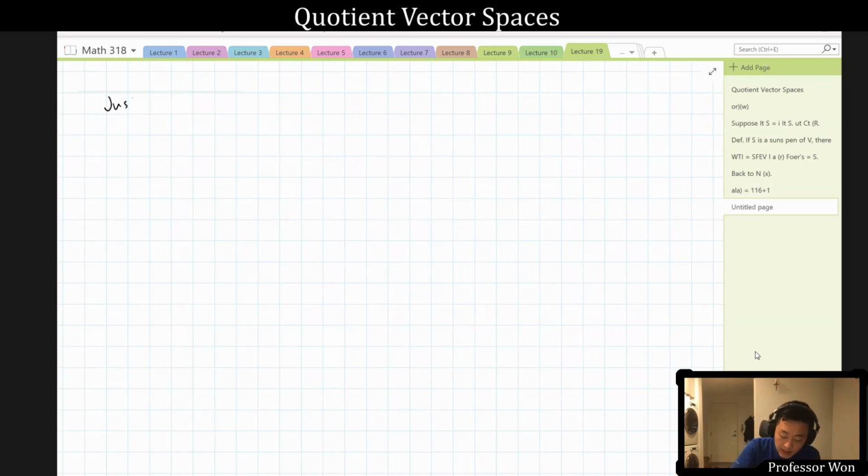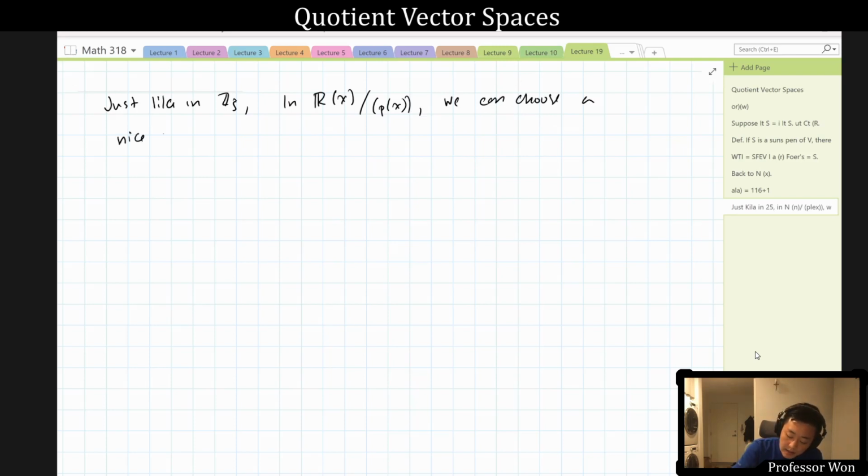So just like in Z5, in R[x] mod p(x), we can choose a nice set of representatives. Right?